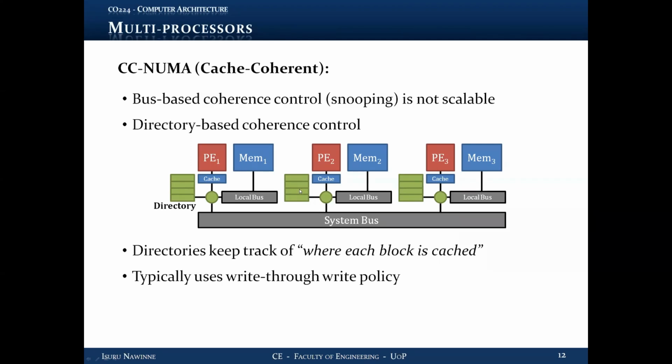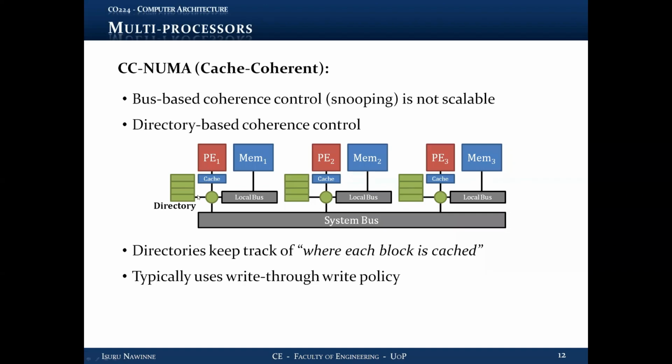If this processing element is accessing a memory address in the range of memory 1, then the details about that memory block will be kept in the local directory. The cache controller can look at that and see if others have copies of it. If others have copies, you can either invalidate or send updates, whatever the policy is decided to be.